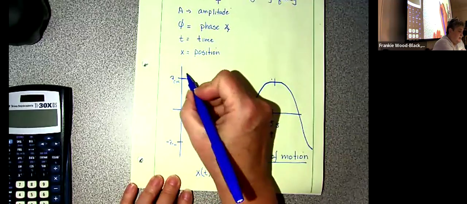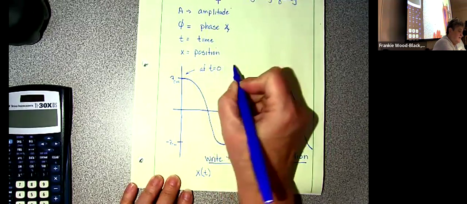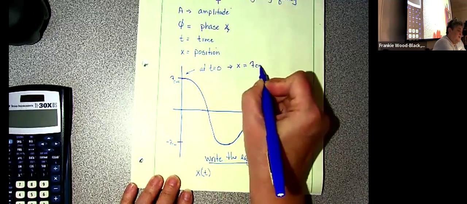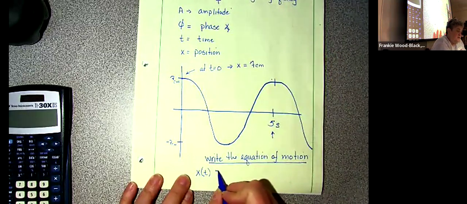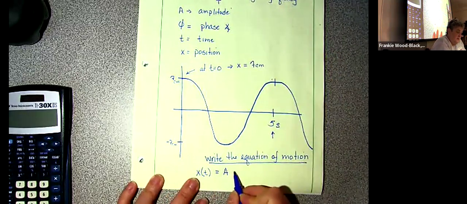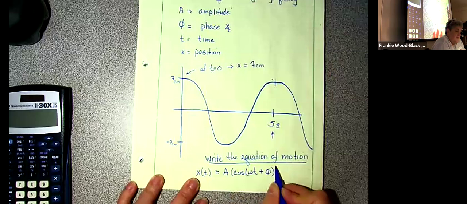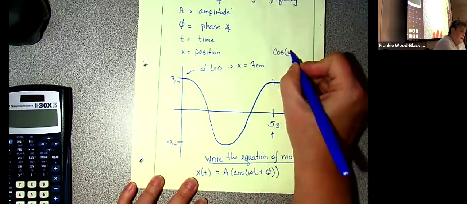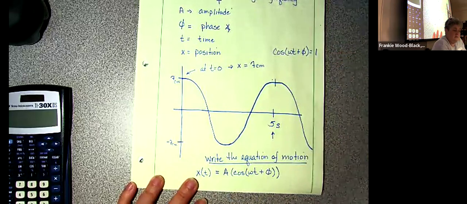So at t equal to 0, the position is equal to 7 centimeters. Which means if we're using our equation here, it means that the cosine of omega t plus phi has got to equal 1.